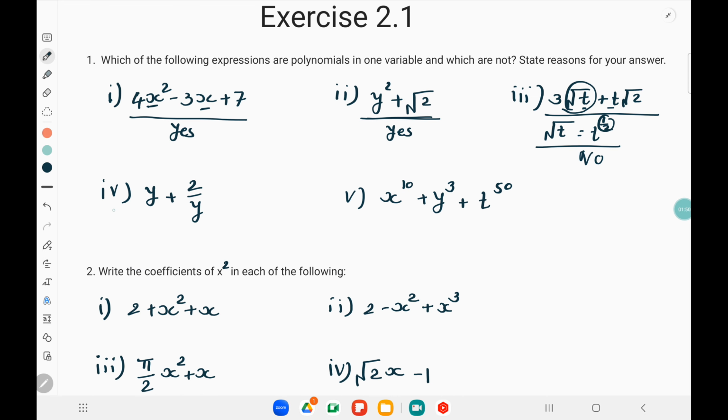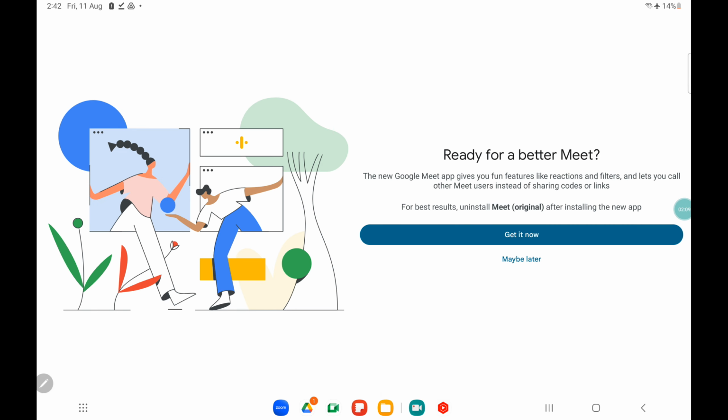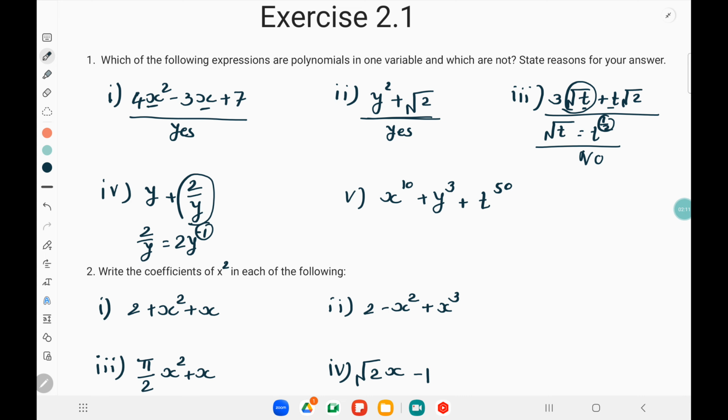Okay, here question 4: y plus 2 over y. What does 2 over y mean? If I change it to power form, y is in the denominator, so we write 2y to the power of -1, and -1 is also not a whole number. So this is also not a polynomial.